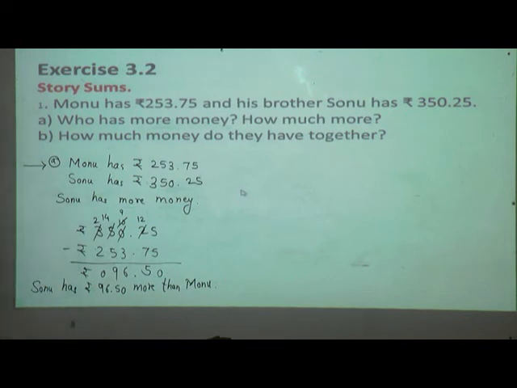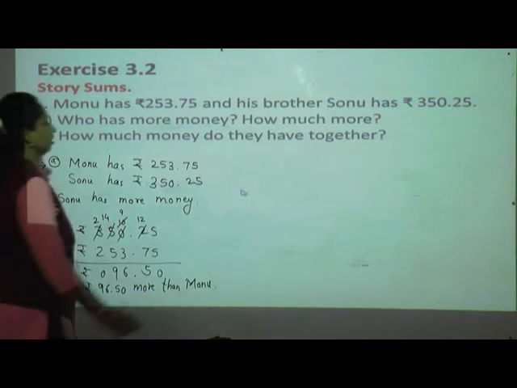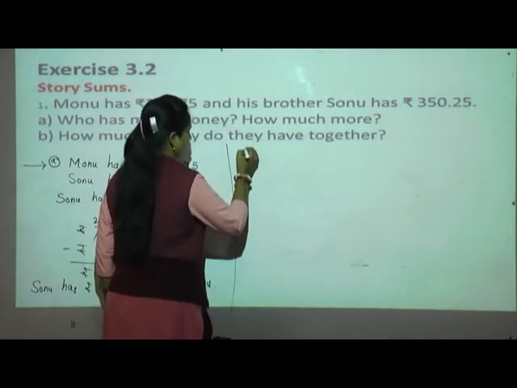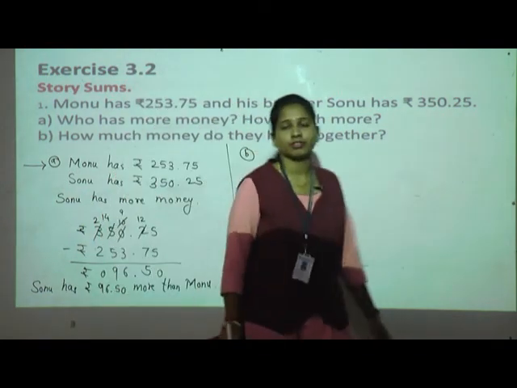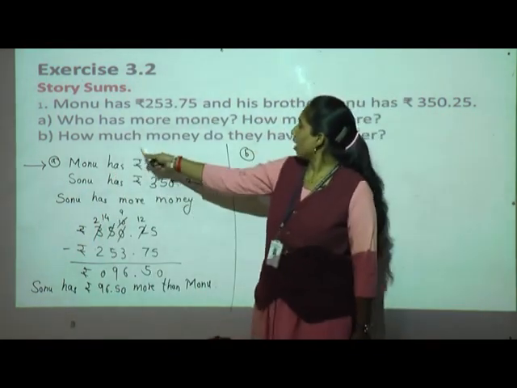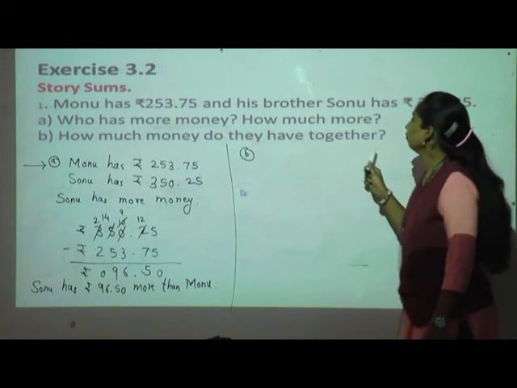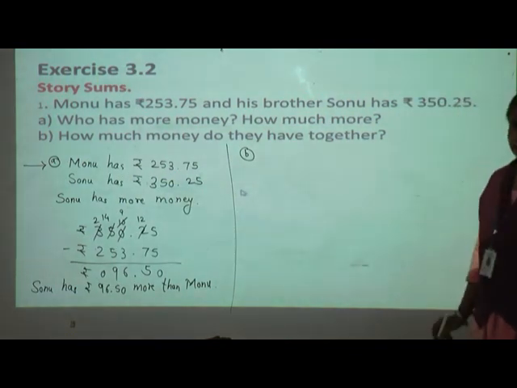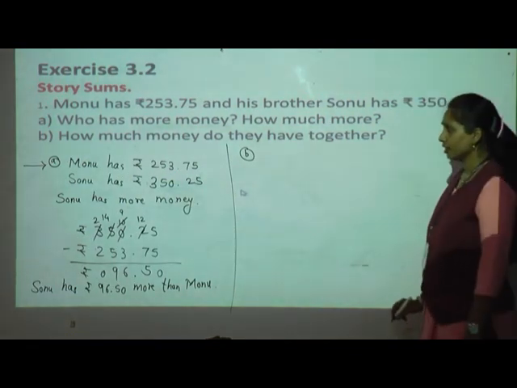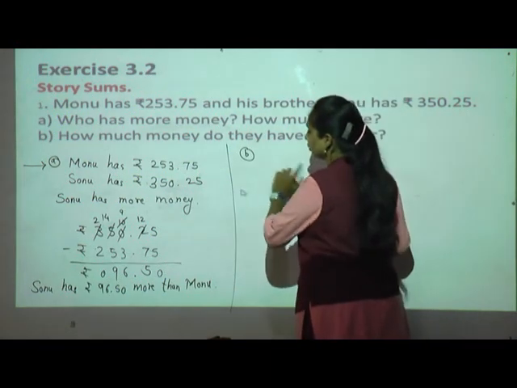Now we will see the B question. Here only I'll solve now. See the B question. How much money do they have together? Now what is the question? Together how much money do they have?